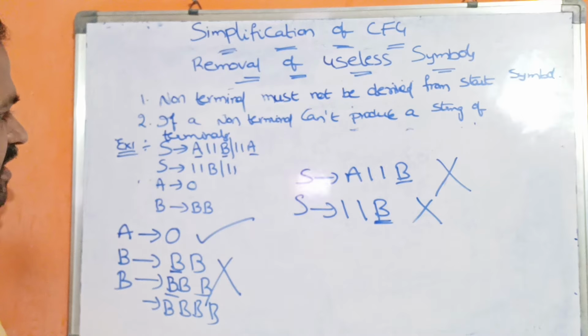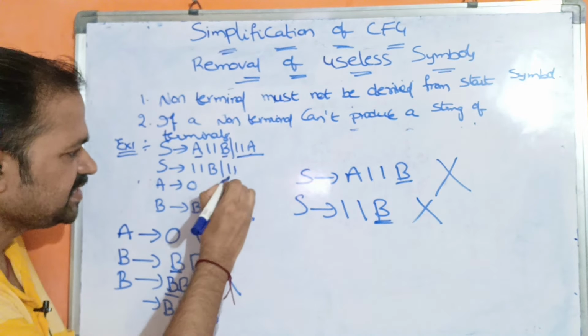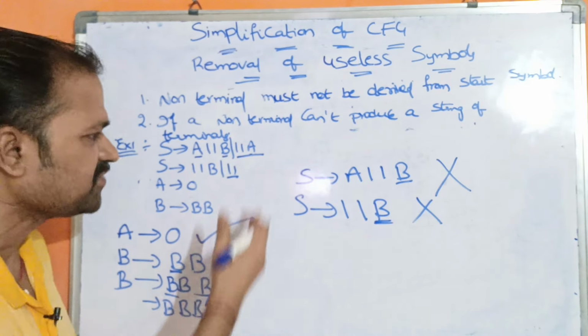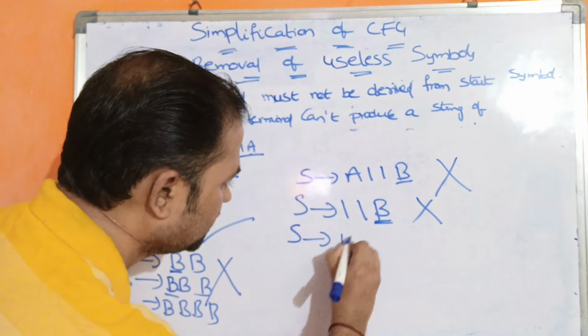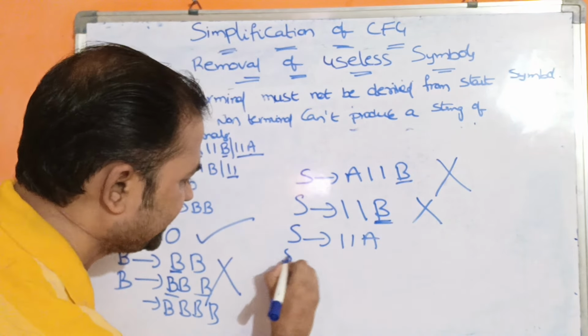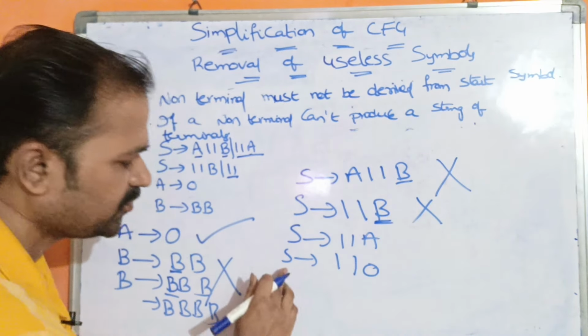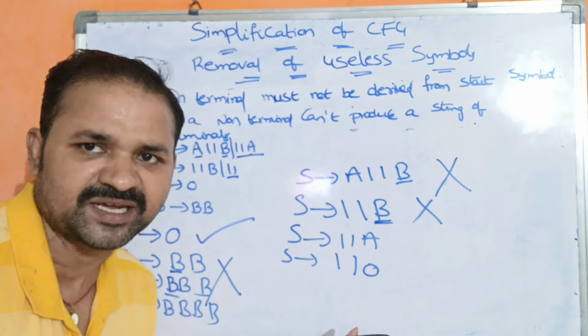Next, what are the remaining productions? Here we have one production. S produces 11A. Here we have another production. S produces 11. Let us check whether those two are useful or useless. S produces 11A. S produces 11. What is A? A means 0. So here S is producing 110. So it is nothing but terminals.